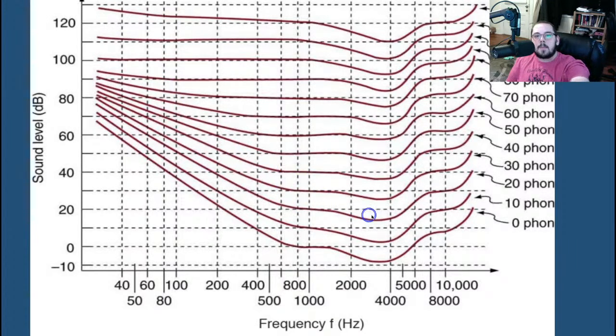There's a little dip, and then they start to pick up again in that very high range. Generally speaking, the peaks of these are right around the human speaking range, and then we can hear those higher sounds again when they start to pick up. So that's basically the key thing to take away from this: different frequencies sound louder or softer.